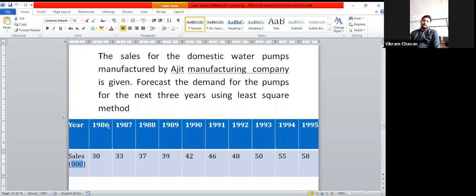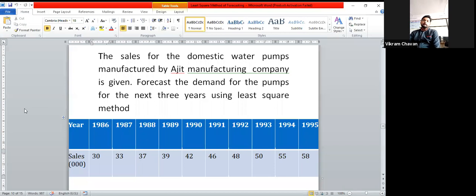In that case, it is easy to determine the middle period and consider its deviation equal to 0. But in this case, the total number of periods given is 10: 1, 2, 3, 4, 5, 6, 7, 8, 9, 10. So the data given is an even number.